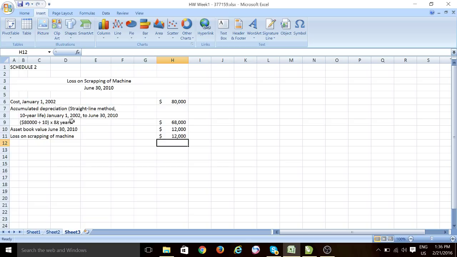So what we need to do for these transactions is that we need to include the loss, which is $12,000, in the other income and expense section in Lobo's income statement.